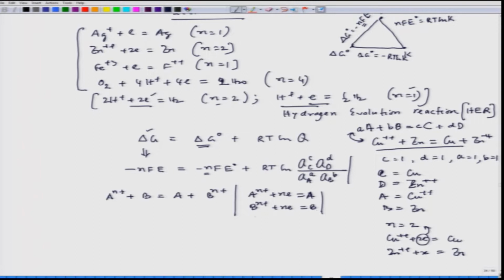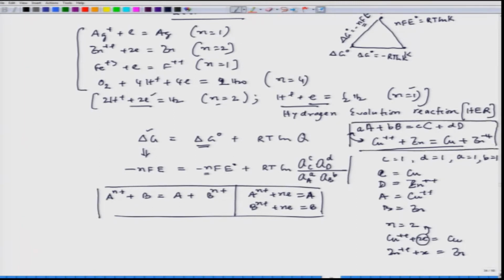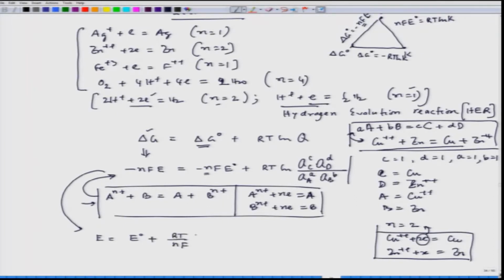So, exact this kind of similarity, if you see this and this two, and then of course these two, they are quite similar, only thing is the numbers are changing. So, if we take this, then we can write this equation. Now, from this I can write E equal to E0 plus RT/nF ln.